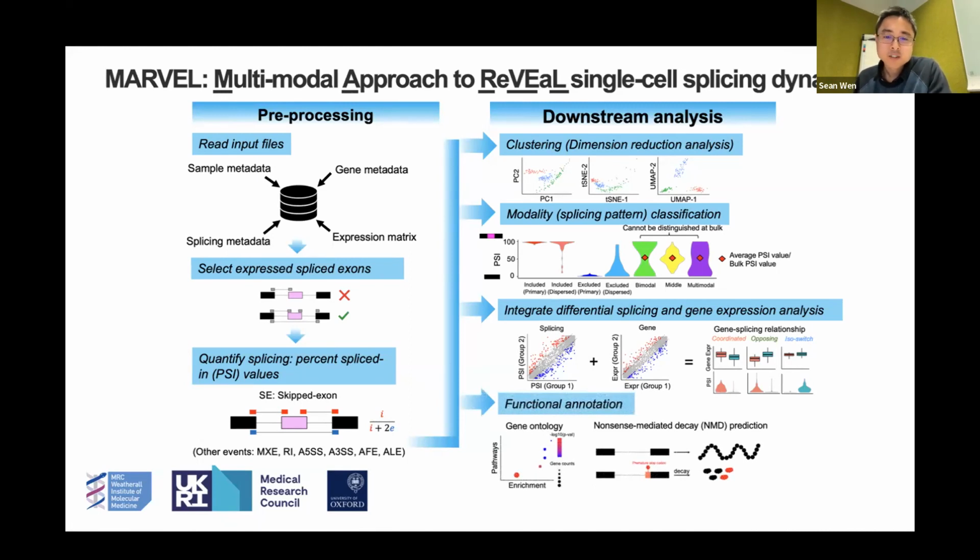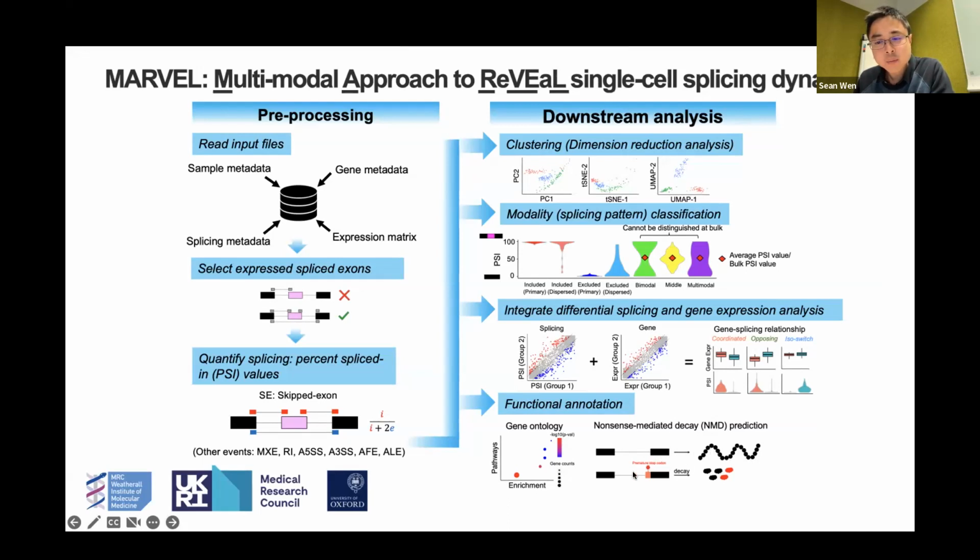Finally, to put things into context, we can perform pathway enrichment analysis on genes that are differentially spliced to understand whether these genes belong to certain biological pathways. And we can perform nonsense-mediated decay prediction to understand whether alternative splicing gives rise to nonsense-mediated decay. So what this means is that when there's no alternative splicing, the transcript gets transcribed and translated to give the full-length amino acid sequence.